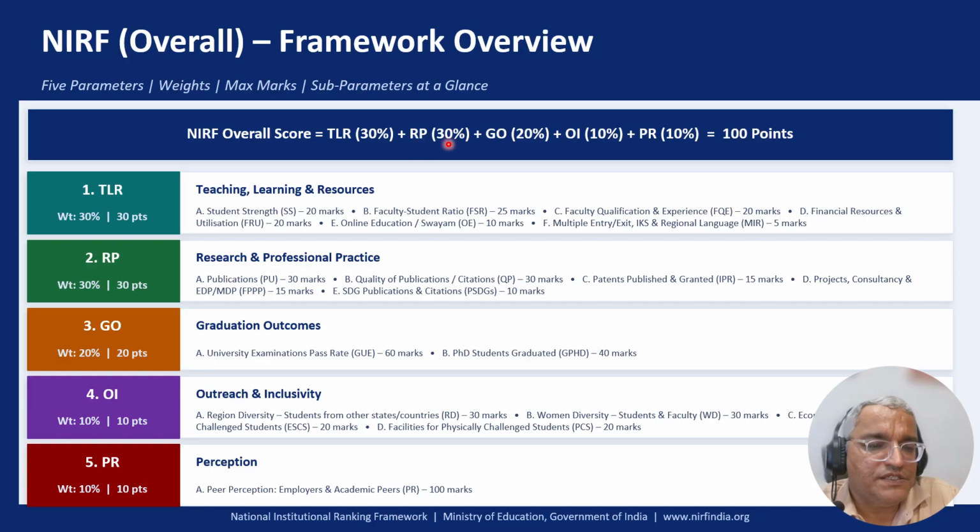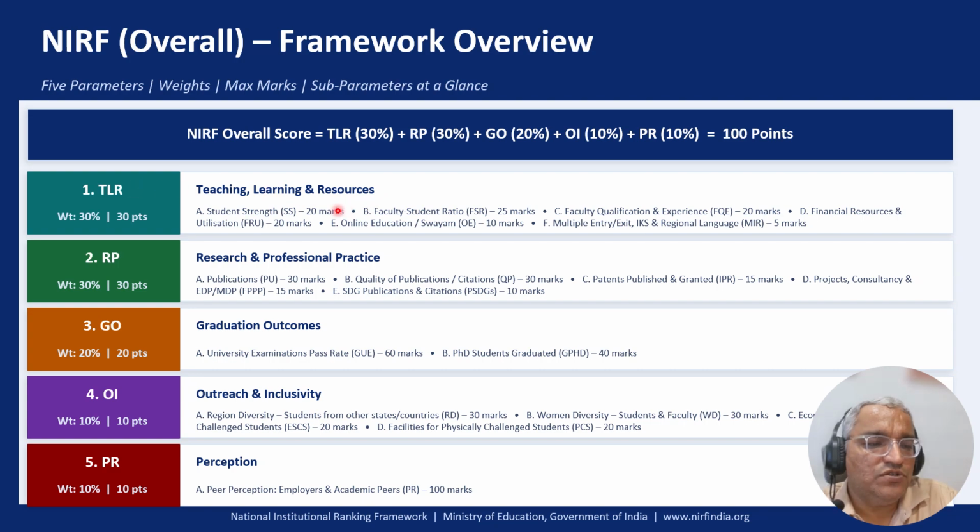Research and professional practice carries a total 30% weightage. Graduate outcomes has a weightage of 20%. Outreach and inclusivity has a weightage of 10%. Perception has a weightage of 10%. This is how the total 100 points are calculated. Now we'll discuss the subparameters.